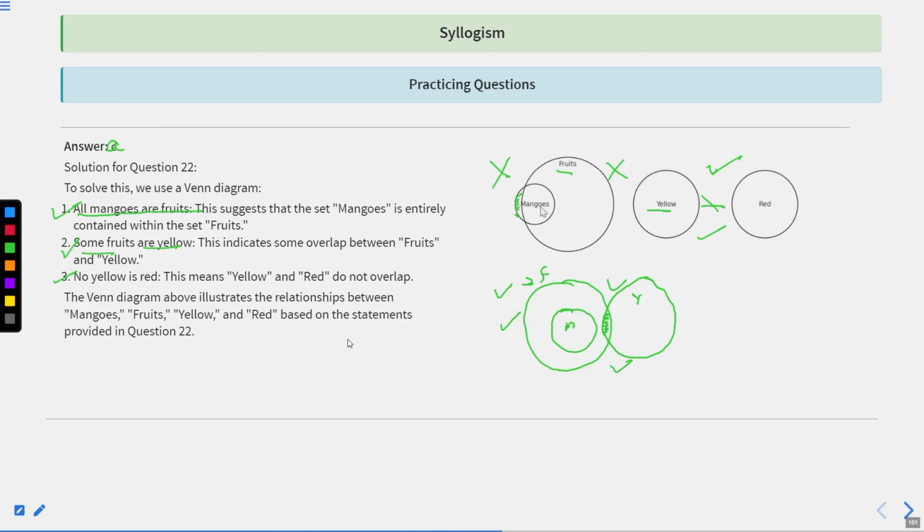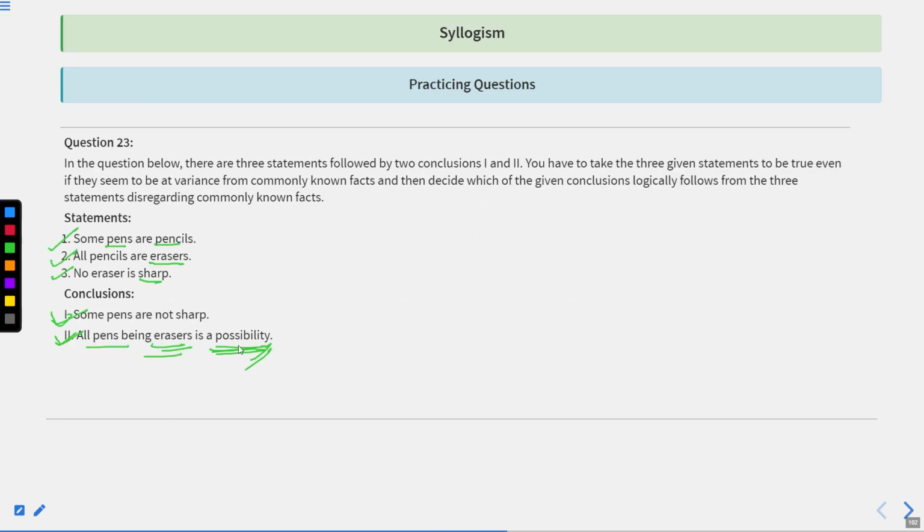But in this particular statement, all mango being yellow cannot be a possibility. Now, in this particular statement, what we can see here is that there is a relation between pens and eraser through pencils, because some pens are pencils and all pencils are erasers. So we can say that some pens are erasers also.